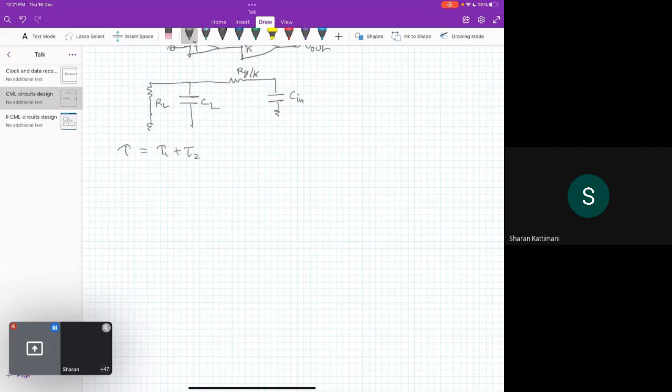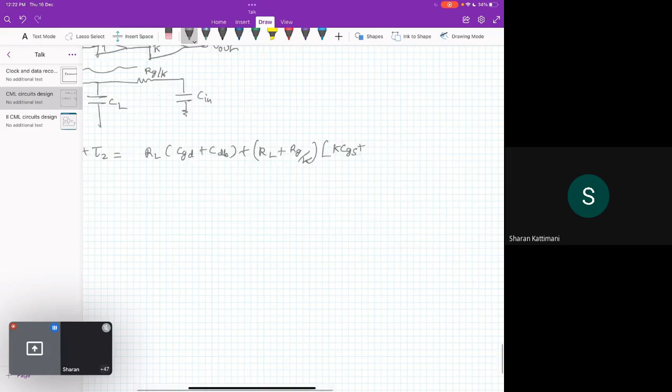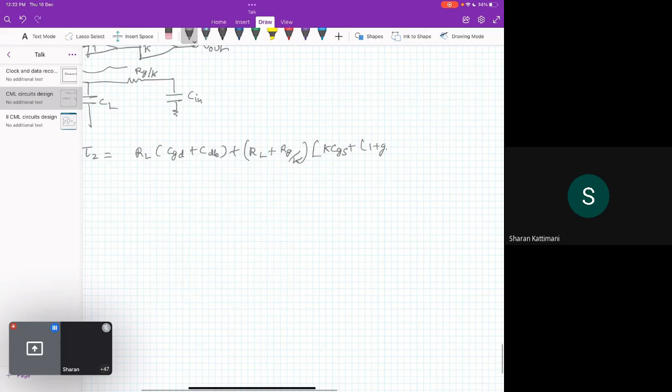Tau 1 is because of this R, and tau 2 will be because of both of these resistances. So it will be RL (Cgd plus Cdb) plus (RL plus Rg/K)(K Cgs plus (1 plus gm RL) K Cgd).